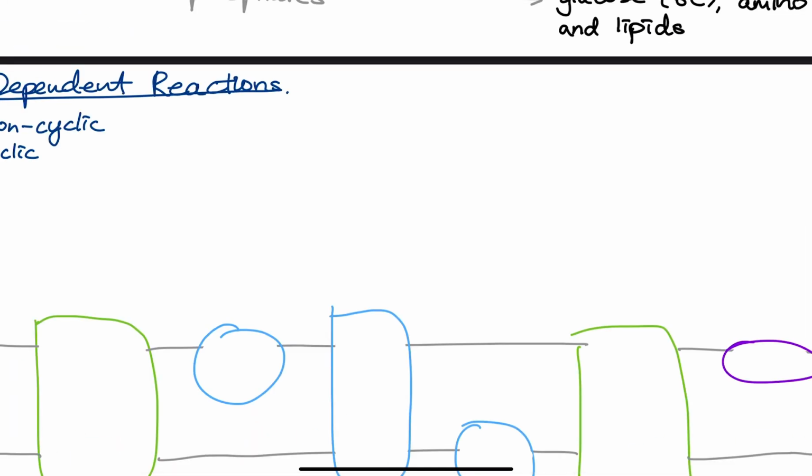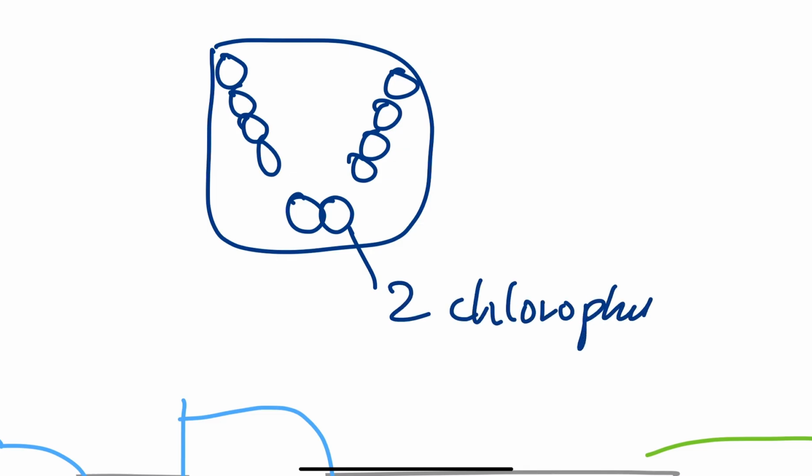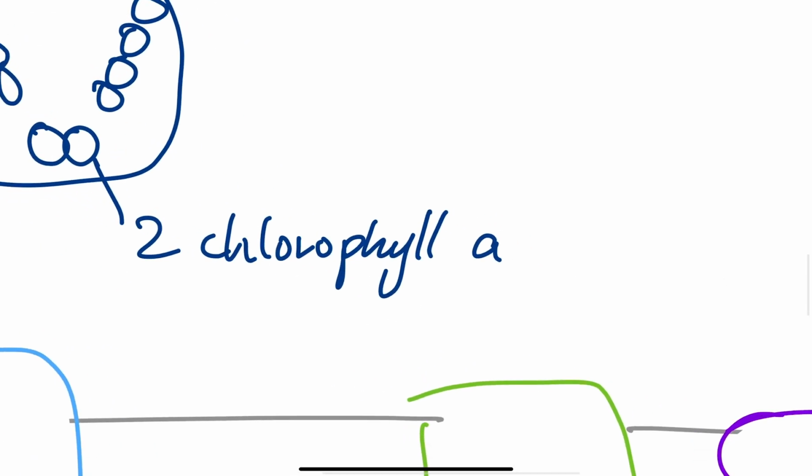Let me draw an actual one. This is the photosystem, and these are accessory pigments. Then at the end of the tunnel, you have two chlorophyll A as your reaction center.